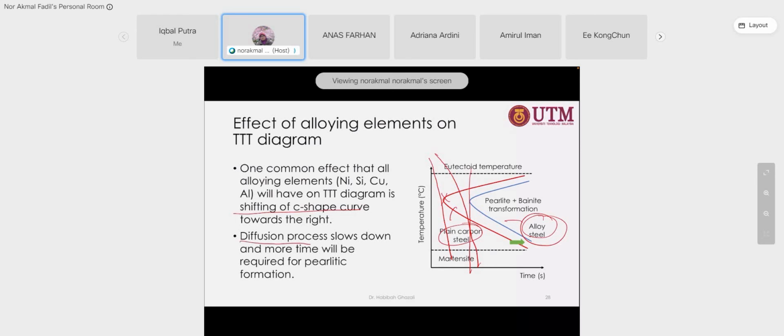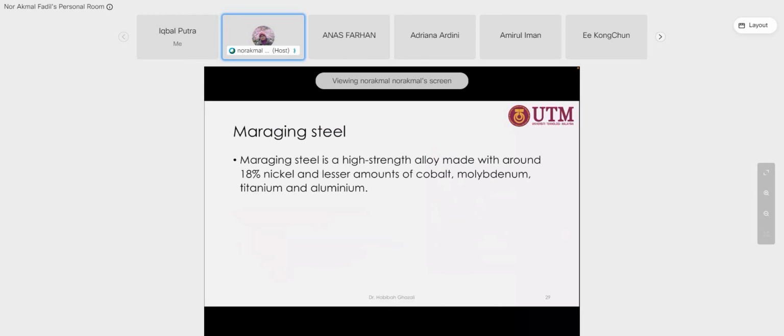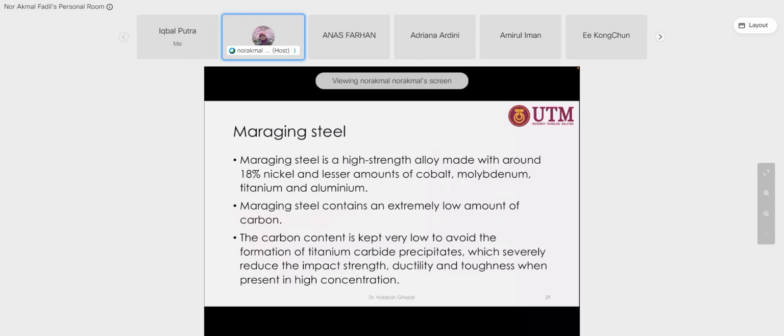Therefore, the diffusion process slows down and more time is required for pearlite formation. Maraging steel is a high strength alloy made with around 80% nickel and lesser amounts of cobalt, molybdenum, titanium and aluminium. It contains an extremely low amount of carbon. The carbon content is kept very low to avoid the formation of titanium carbide precipitate, which severely reduces impact strength, ductility, and toughness.